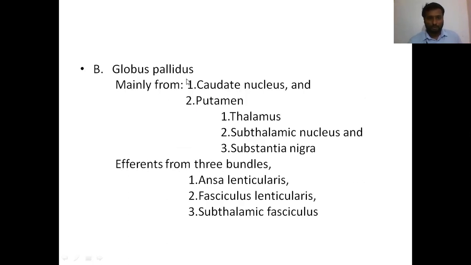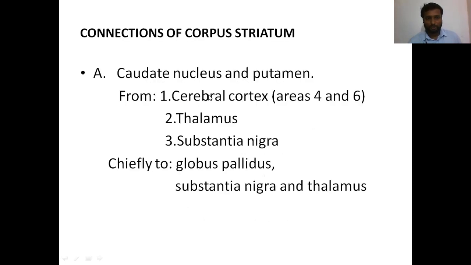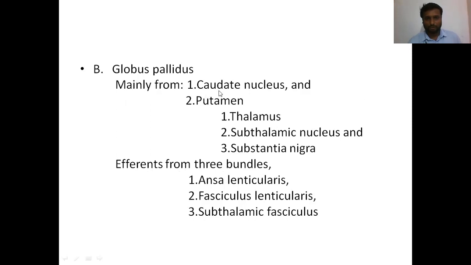Now the globus pallidus gets fibers from the caudate nucleus and putamen, and it gives three bundles of efferent fibers: ansa lenticularis, fasciculus lenticularis, and subthalamic fasciculus. These are the fibers of the globus pallidus.